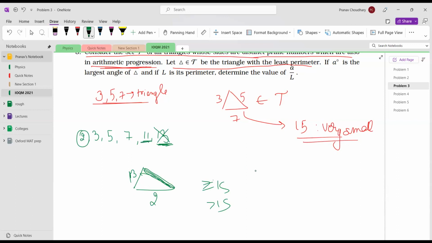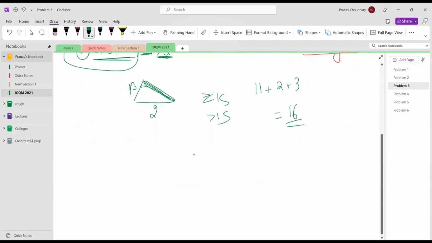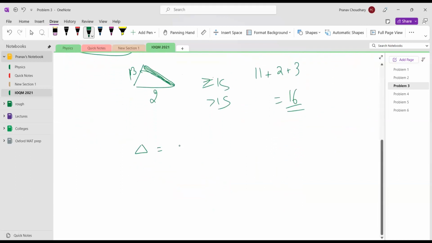And if you have 11, the minimum perimeter with 11 can be 11 plus 2 plus 3, which is 16. So 11 also cannot be there. And with 2, 3, 5, 7, the only three numbers in arithmetic progression are 3, 5, 7. So this is our delta. So delta is the 3, 5, 7 triangle.